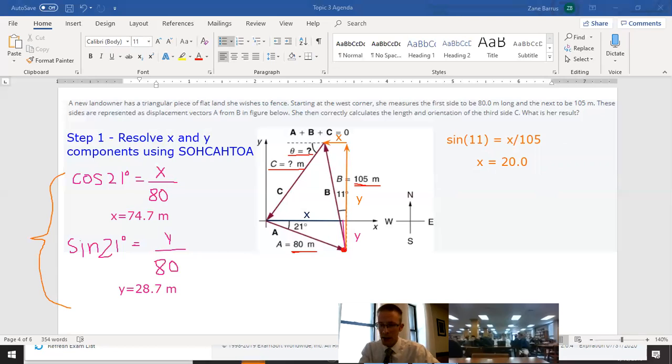So the cosine of 11 degrees is equal to my y component over 105. Plug that in: cosine of 11, multiply that 105 over, and I get that y is equal to about 103.1.